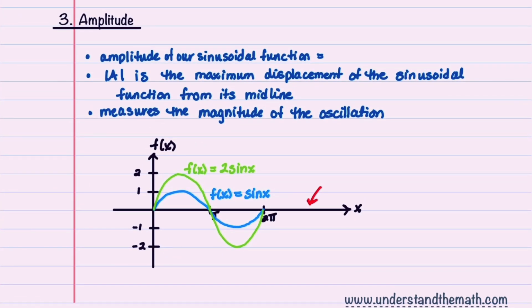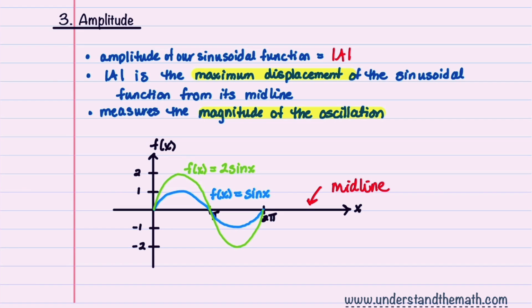The amplitude of our sinusoidal function is equal to the absolute value of a. The absolute value of a is the maximum displacement of the sinusoidal function from its midline. It measures the magnitude of the oscillation. In our graph, the x-axis is our midline. And we'll talk a little bit about the midline in a few minutes.